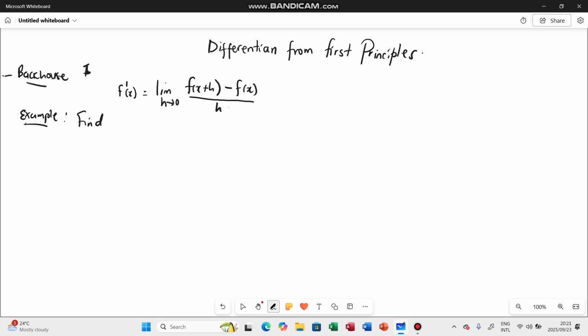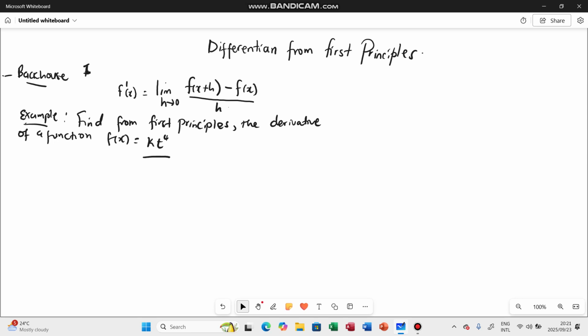Find, from first principles, the derivative of a function f of x is equal to kt to the power 4.